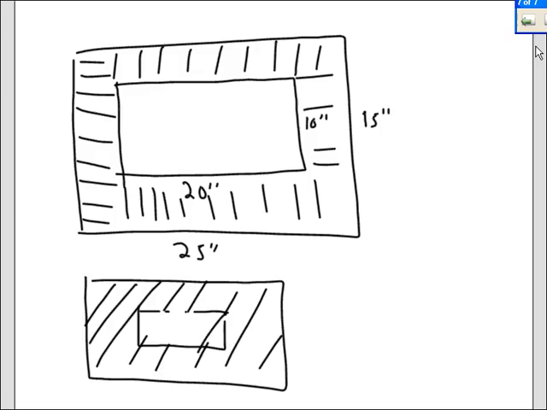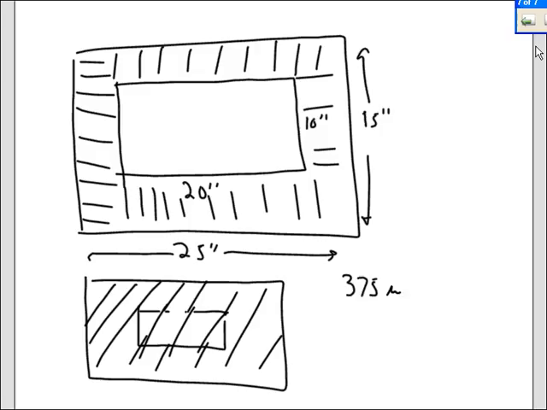The whole area, well, it's 25 by 15. 25 times 15 is 375, in this case, square inches.